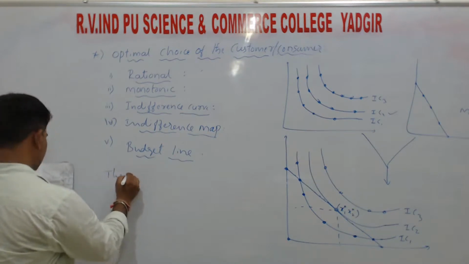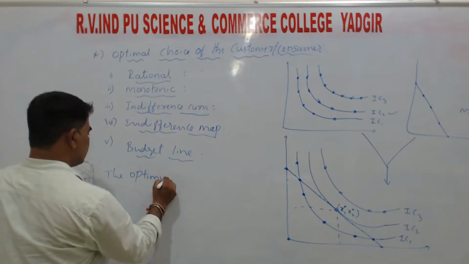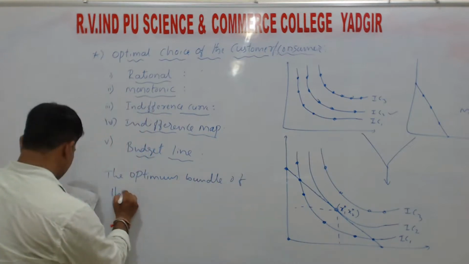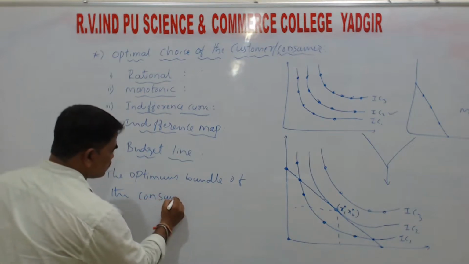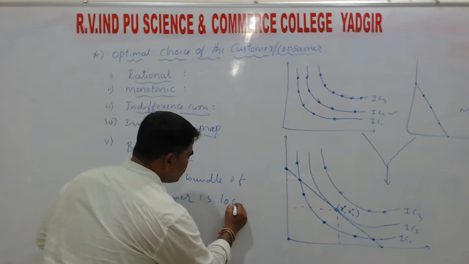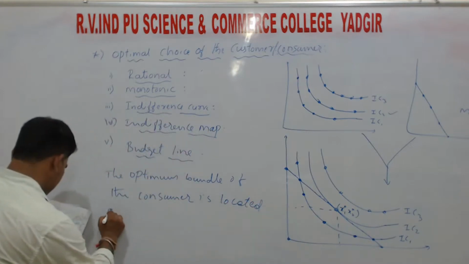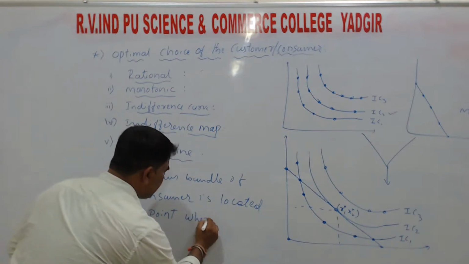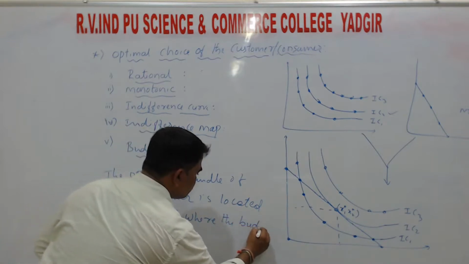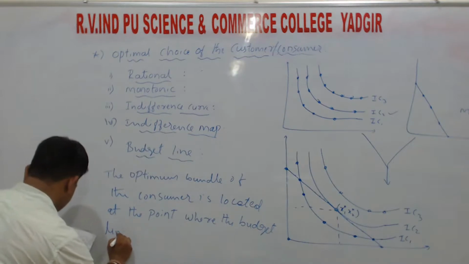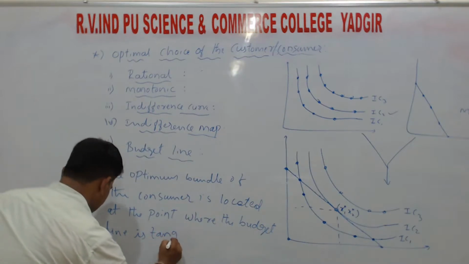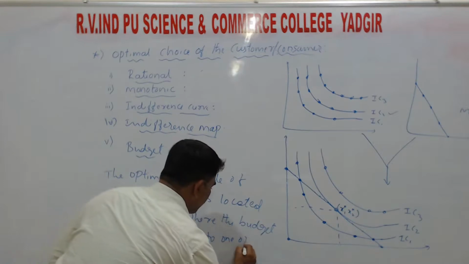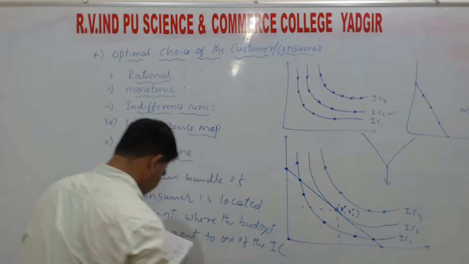So we can say the optimum bundle of the consumer is located at the point where the budget line is tangent to one of the indifference curves.